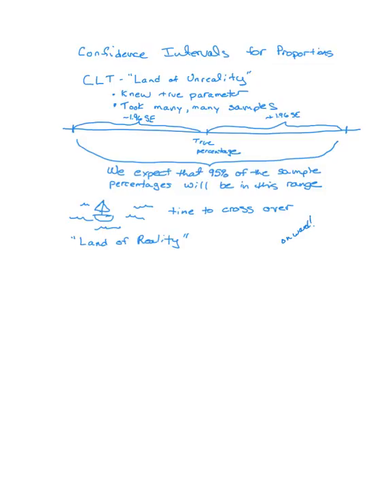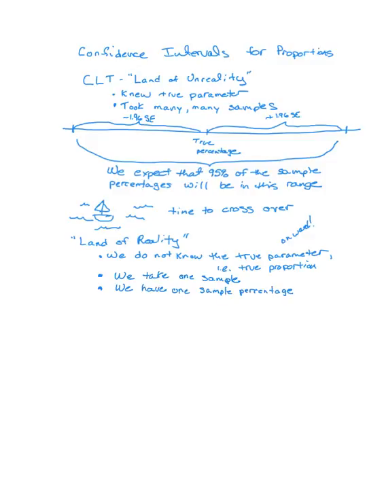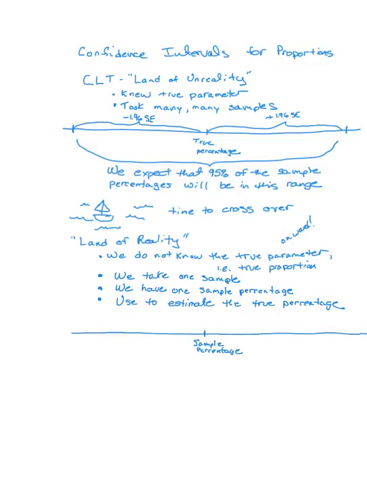In the land of reality, we do not know the true parameter, or in this case, the true proportion. We take one sample, and we have one sample percentage that we're going to use to estimate the true percentage. We just turn that problem around.